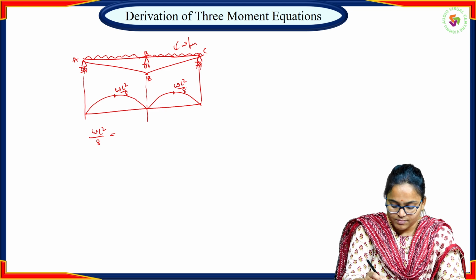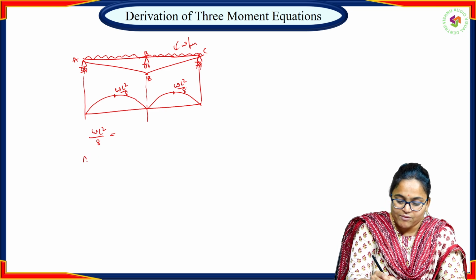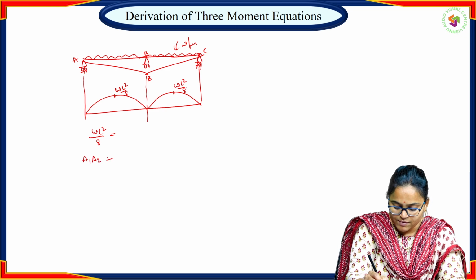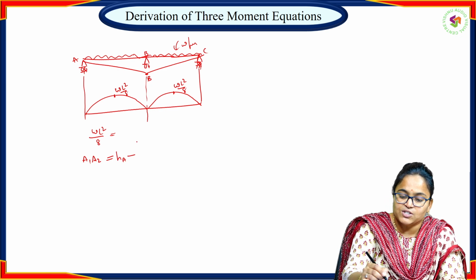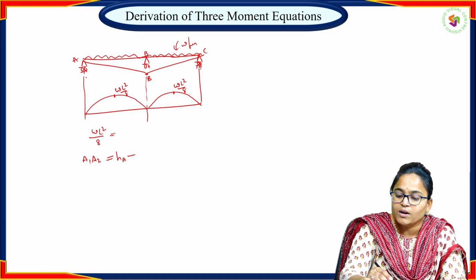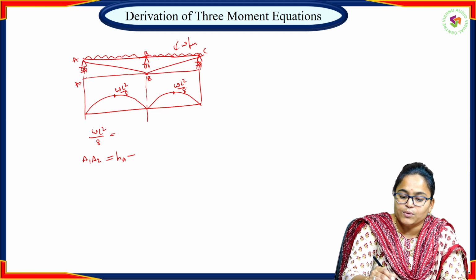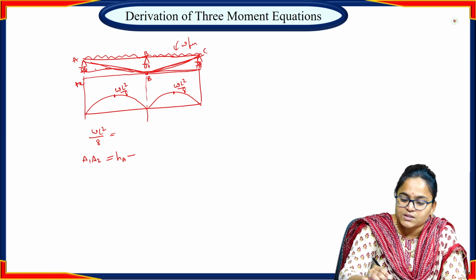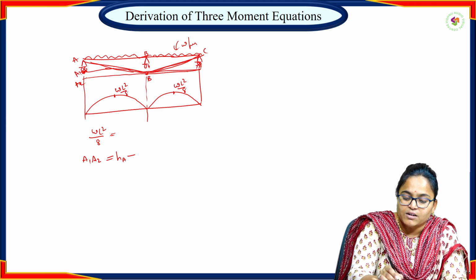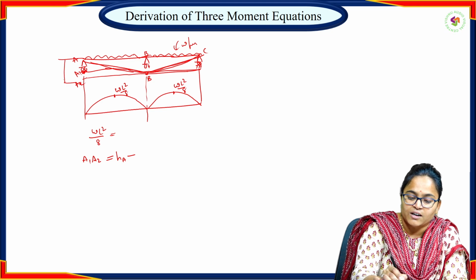Now we want A1 A2. A1 A2 is HA minus, as we have already gone through. So this is A2. Here for the deflection profile, we'll get a tangent like this. So this will be A1, and this will be HA.